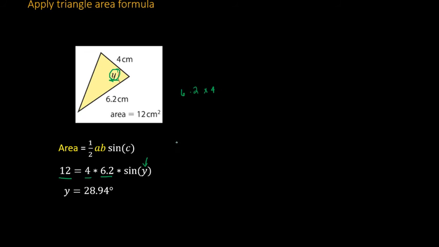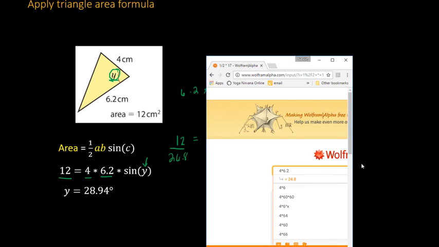So I would rewrite this and I'd say, okay, 24.8 times sine of y, right? And then the next thing I would do is divide both sides of the equation by that 24.8, so that I have that sine y all by itself.